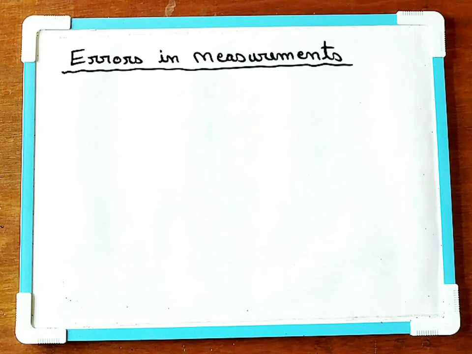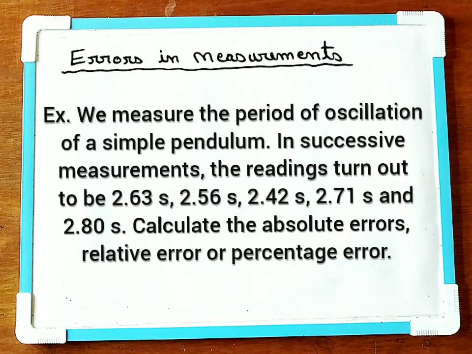For example, let's take this problem here. We measure the period of oscillation of a simple pendulum. In successive measurements, the readings turn out to be 2.63 seconds, 2.56 seconds, 2.42 seconds, 2.71 seconds, and 2.80 seconds.